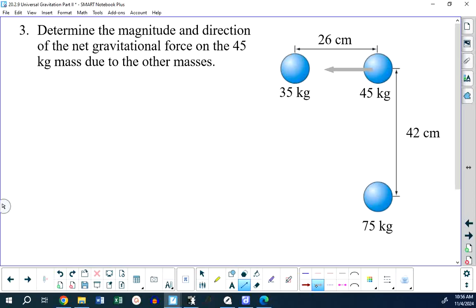And we will have a force pulling this down. And I'm going to go out on a limb and say the force pulling it down towards the bottom mass will be smaller than the force pulling it to the left because of the 35 kilogram mass. Well, it might be close. That's my hypothesis. I think what you need to do to determine that is to calculate them.